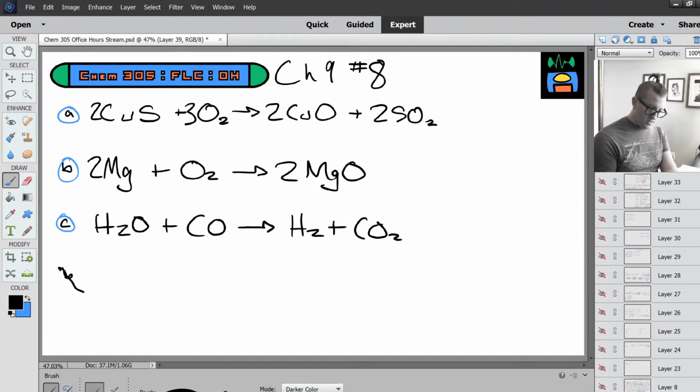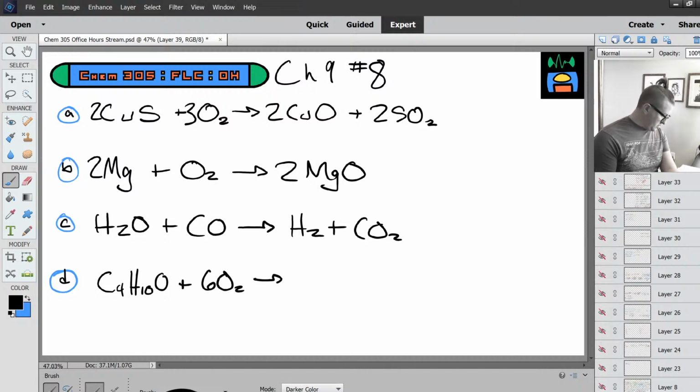Let's see, A, B, C, D. Then we have C4H10O plus 6O2, producing CO2 and H2O.